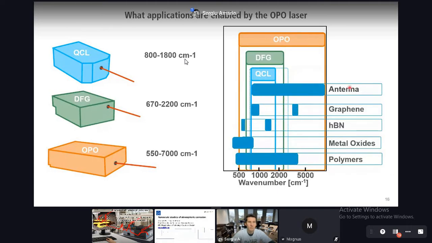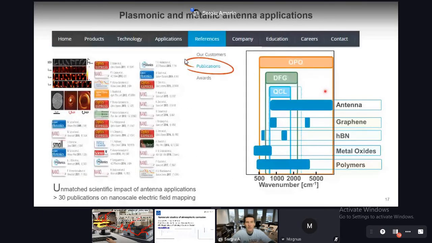Let me start with the antenna applications, which are one of the popular studies within the NeoSpec users, both plasmonics and metallic antenna applications. For an updated list of references, please follow the publication page on our NeoSpec website.